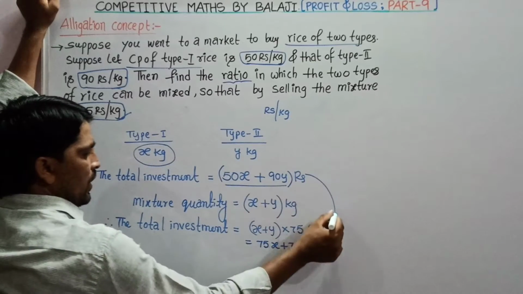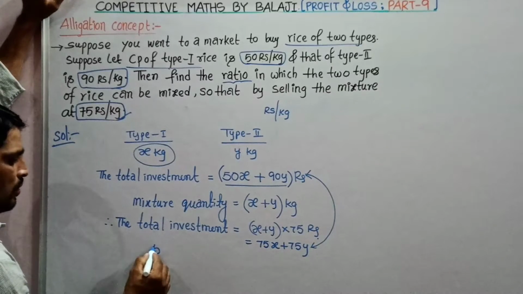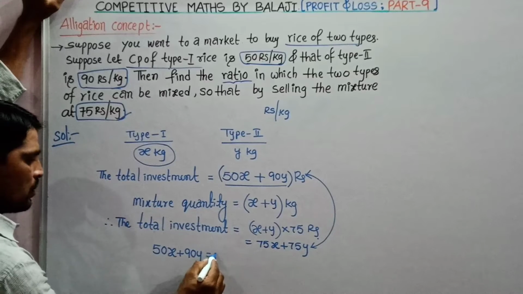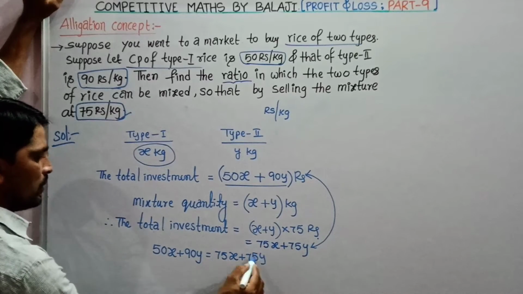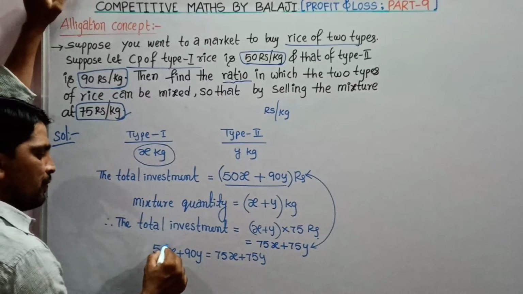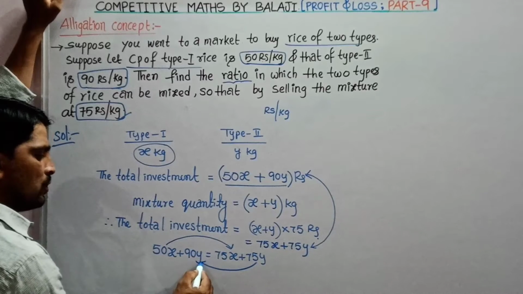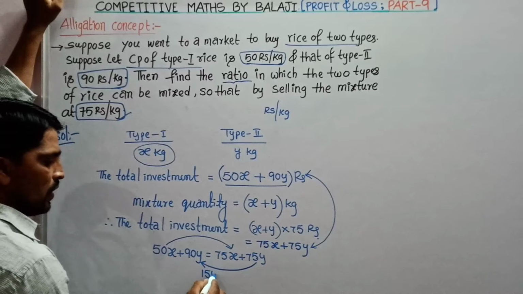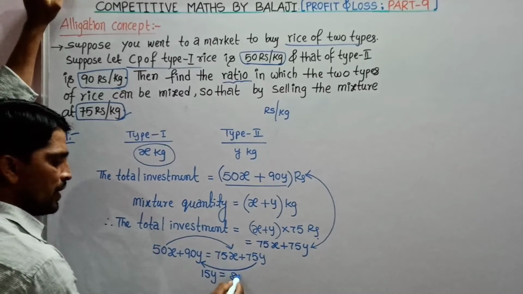But these two are investments, hence they are equal. That is 50x plus 90y is equal to 75x plus 75y. Transpose 50x to the RHS and transpose 75y to the LHS. 90 minus 75, that is 15y, is equal to 75 minus 50, that is 25x.